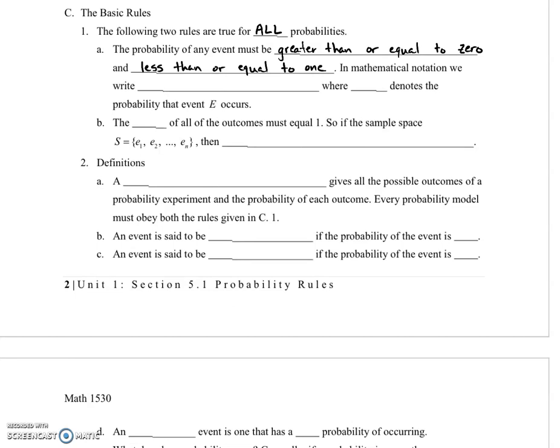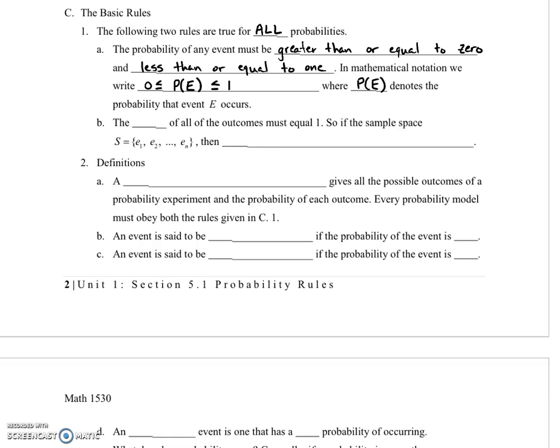In mathematical notation, we write that as 0 is less than or equal to P of, we'll call the event E, which is less than or equal to 1, and P of E just denotes the probability that event E occurs.